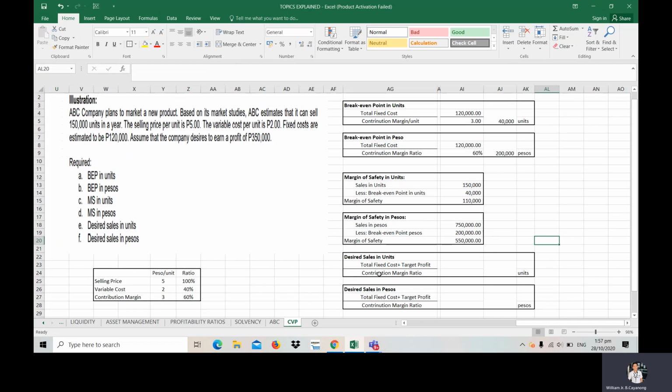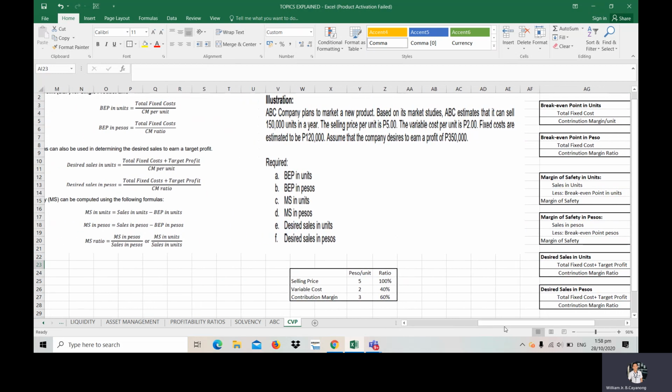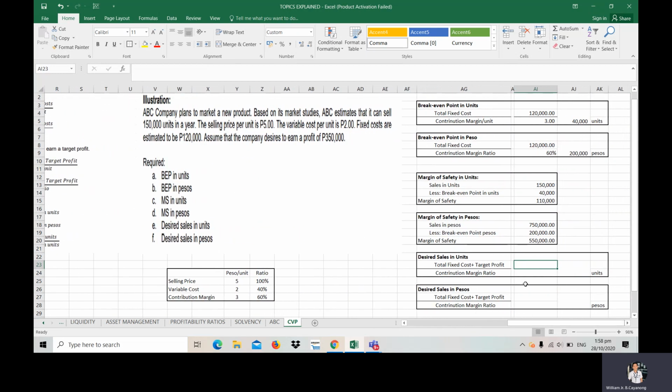Now, we are on the last two requirements, the desired sales. Let's have first the desired sales in units. The desired sales in units is total fixed cost plus target profit over the contribution margin per unit.